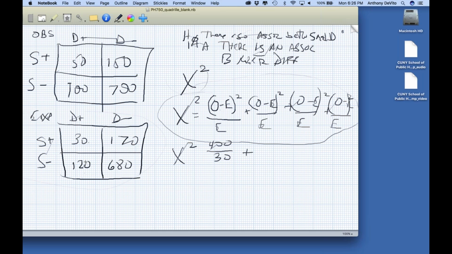Minus 20 squared is 400. Again, 400, but this time over the expected value of 120. Plus, observed minus expected, 150 minus 170 is minus 20 again, squared is 400, over my expected value, which is 170. Plus 700 minus 680 is 20, squared is 400, divided by 680.